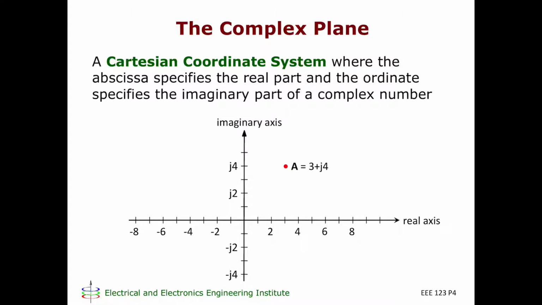The number, for example, A equal to 3 plus j4 in the complex plane is shown. So this is the real part, which is 3, and this is the imaginary part, which is j4. So here's another example, B, which is 2.5 minus j3.5.